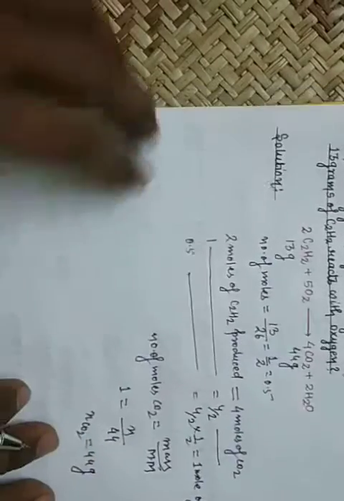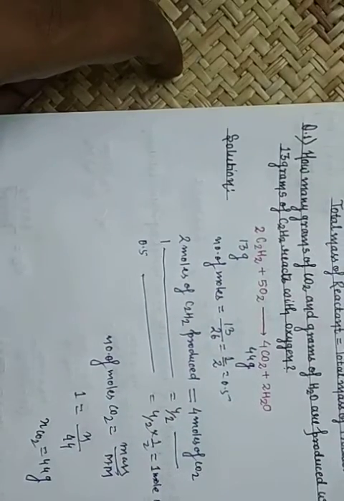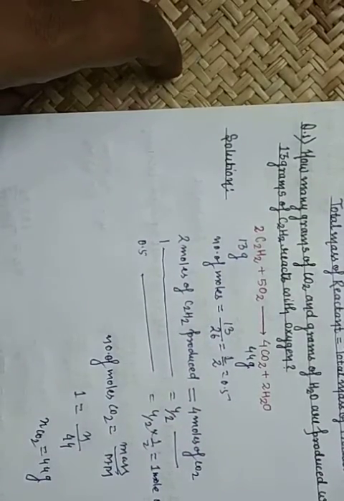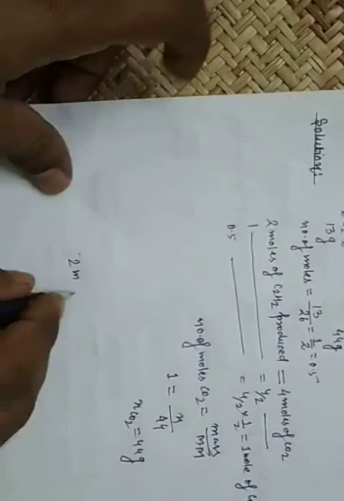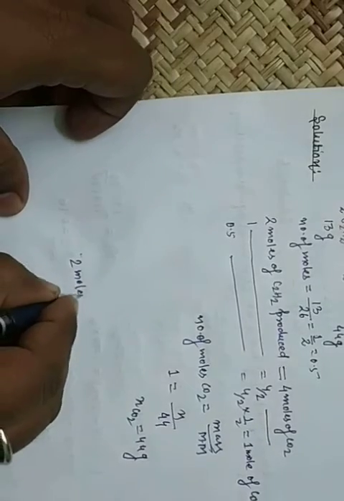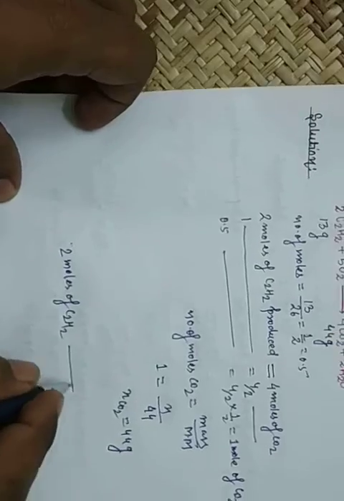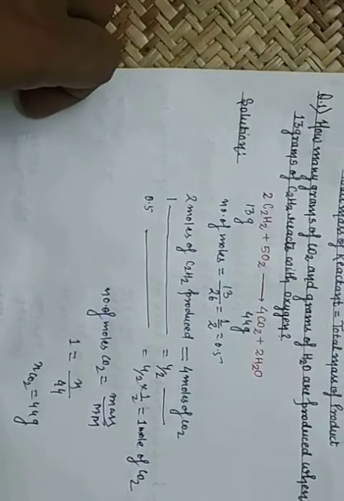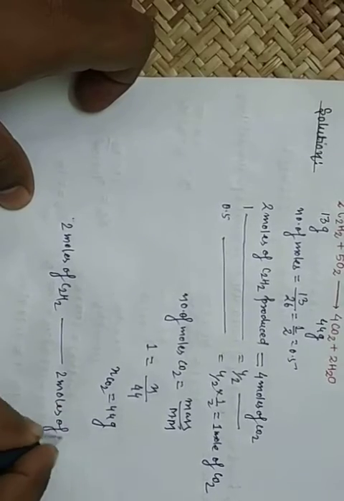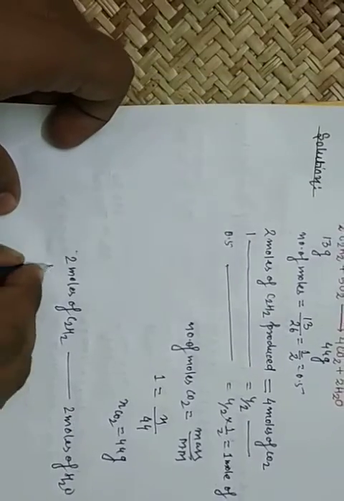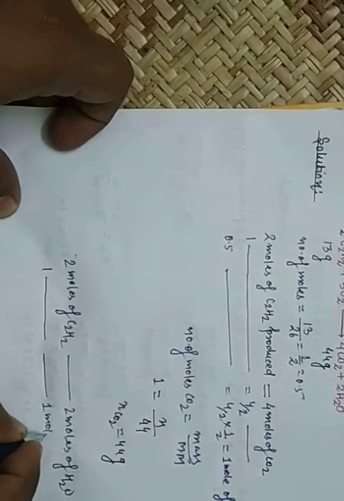Now again you find the mass of H2O. So just write down again: 2 moles of C2H2 produce again how many moles? 2 moles of H2O. So for 1 mole there is 1 mole of H2O.